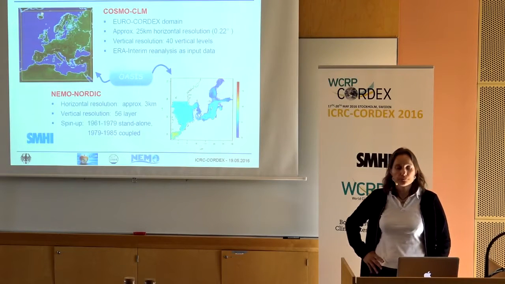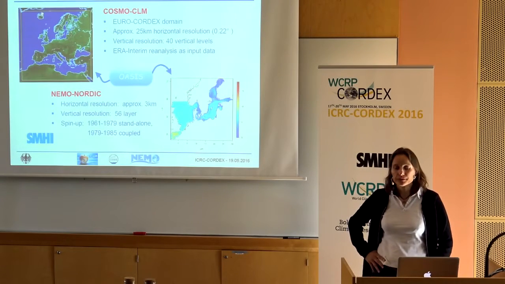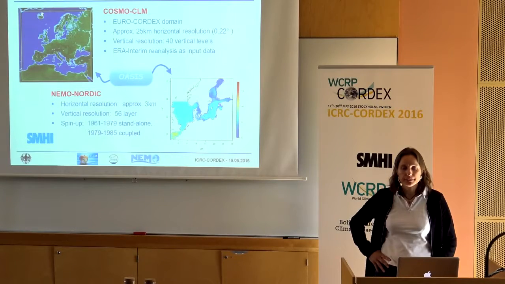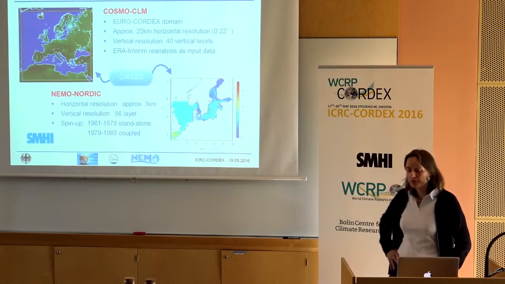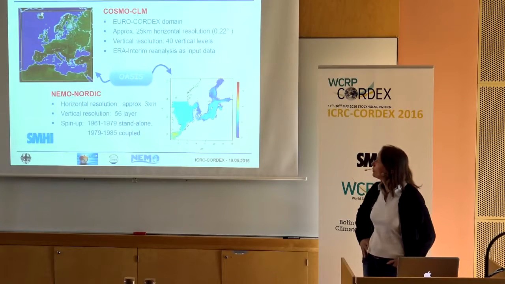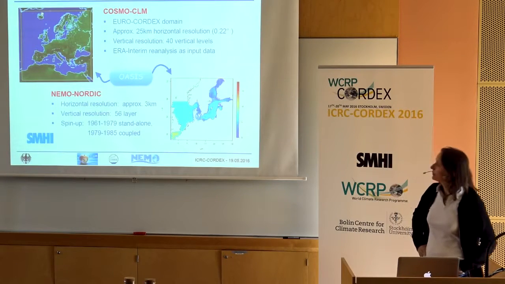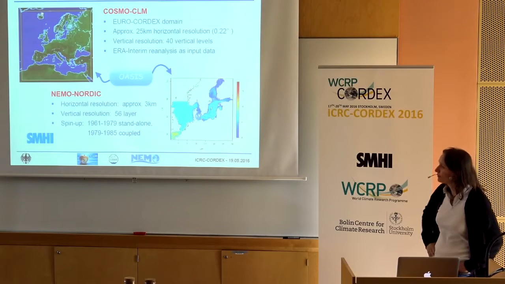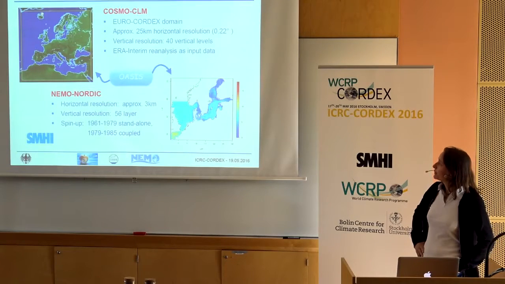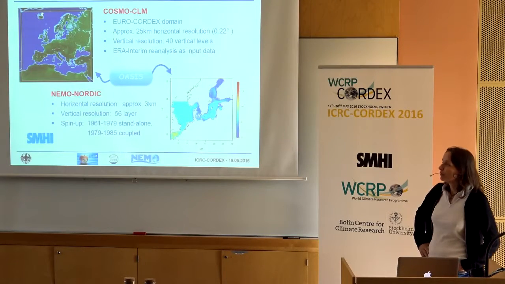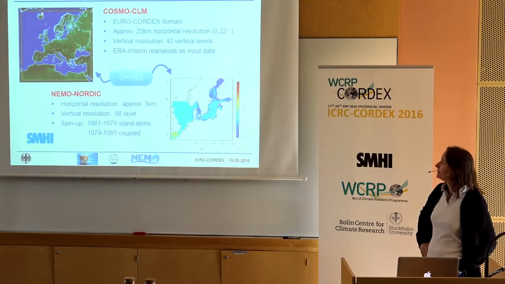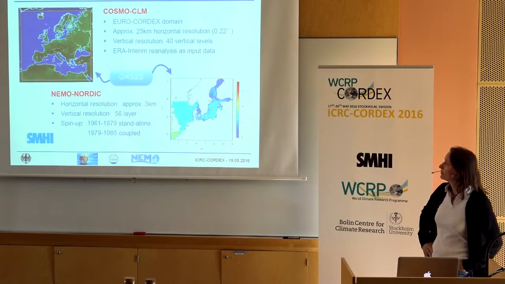For this study, we use ERA-Interim data as input data. We couple it via OASIS, via this coupling interface, to NEMO-Nordic, which we got from the SMHI, thankfully. So we can participate in the development of this ocean model. And here the horizontal resolution is about 3 kilometers.